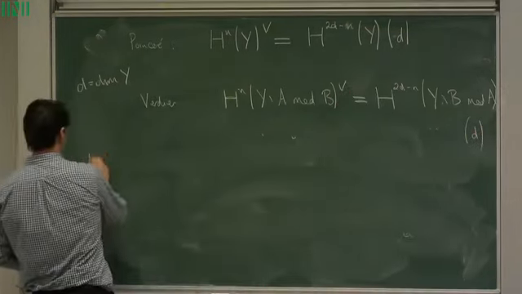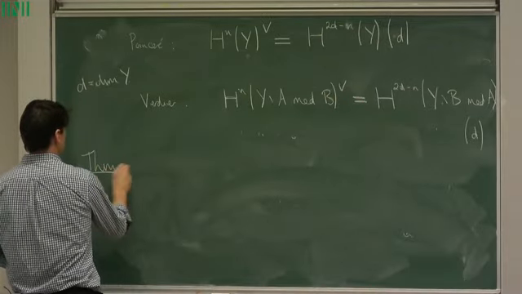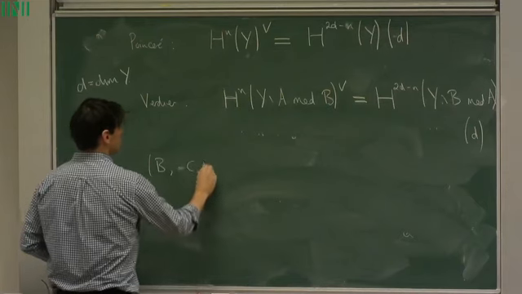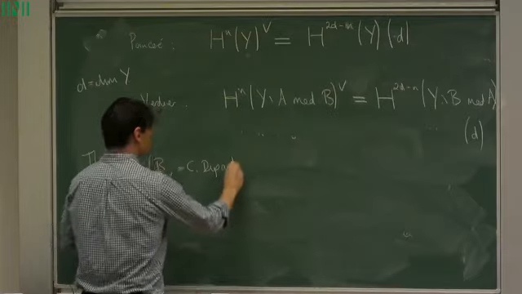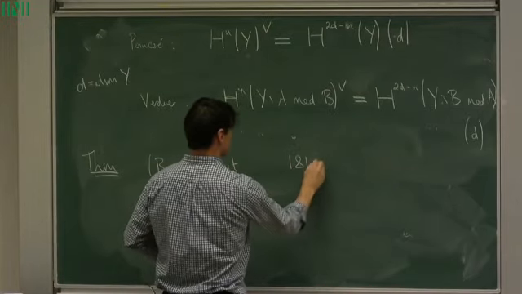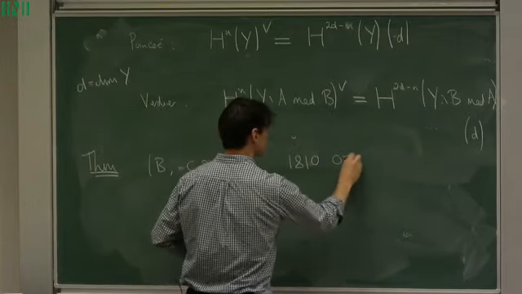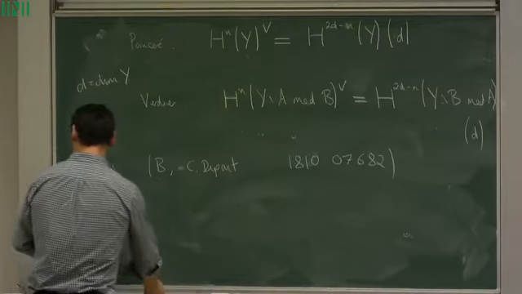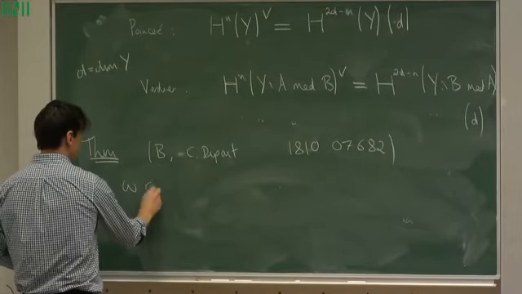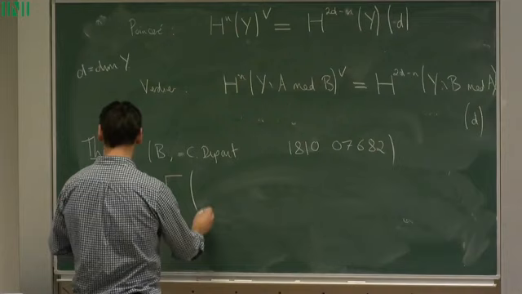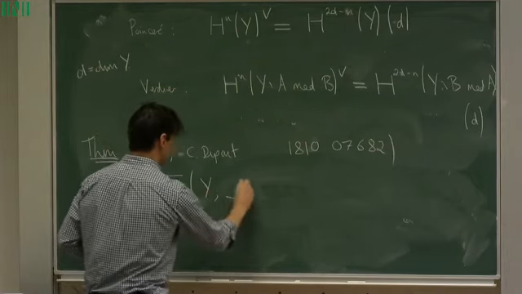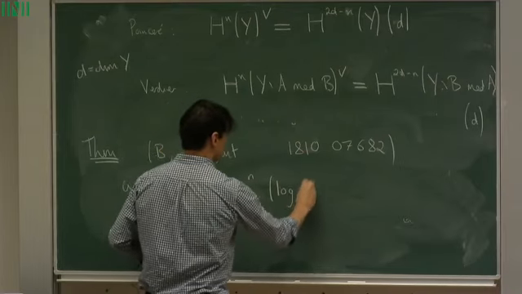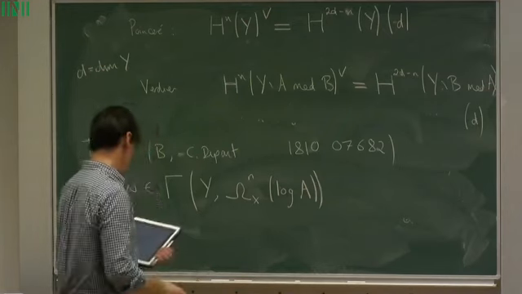Okay, so, theorem from our paper with Clément Dupont. Oh, actually, I have the arXiv number here, so that's helpful. 07682. So what we do is we take omega to be a section. The theorem is actually more general, but the following situation is sufficient for most of the examples.